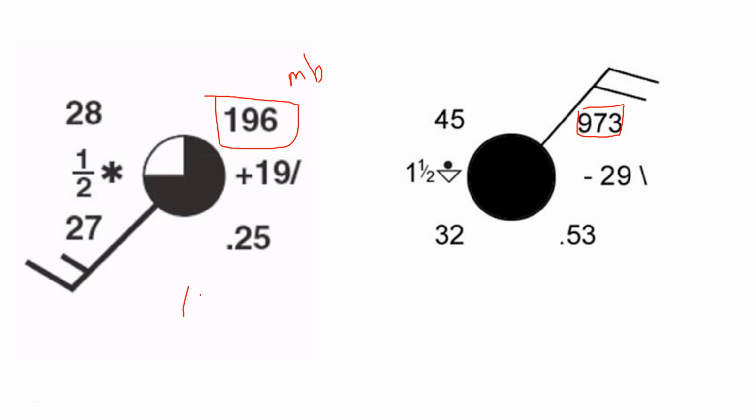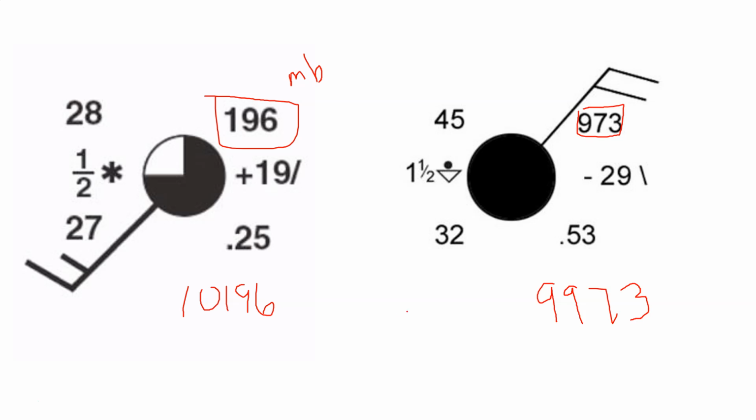So this becomes 1, 0, and then 196. Okay? If that number is greater than 499, then you're going to actually put a 9 in front of it. So this one becomes 9973.